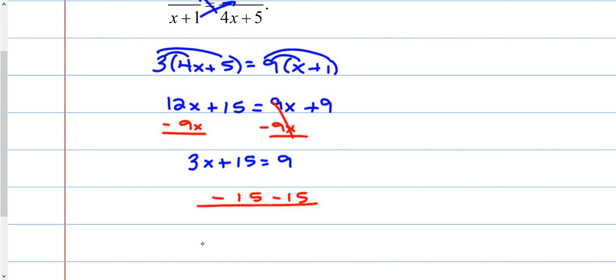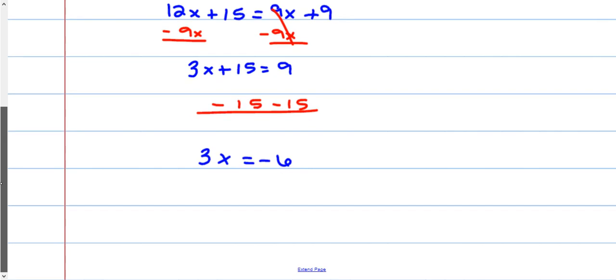So I get 3x equals negative 6. And from here, I will just divide both sides by 3. So I get x is equal to negative 2.